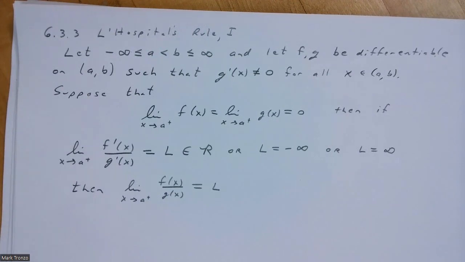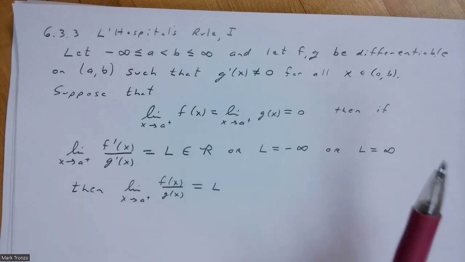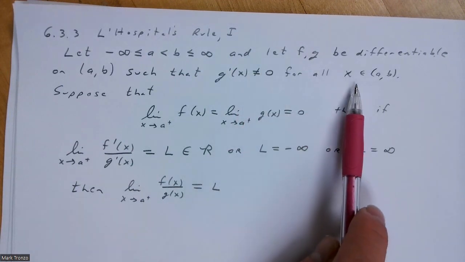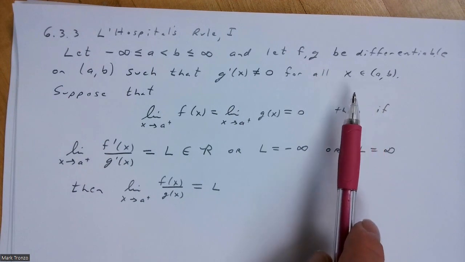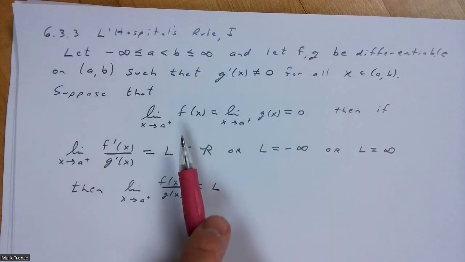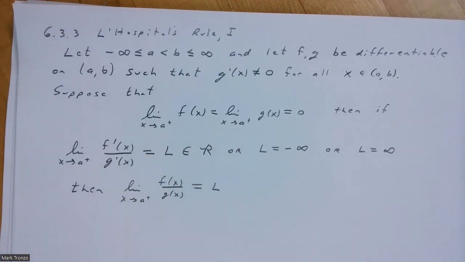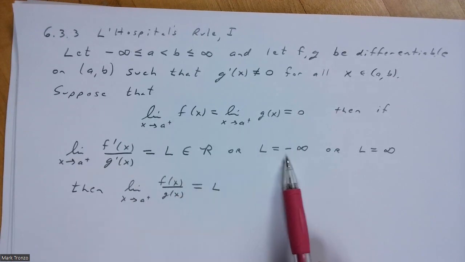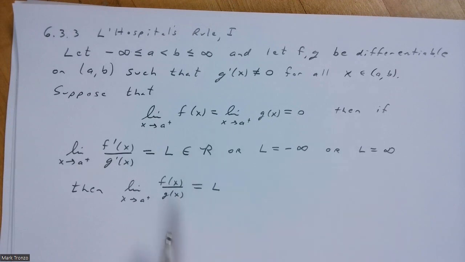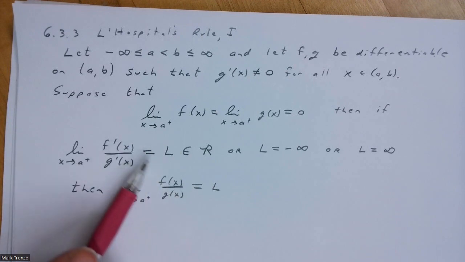So once again, what it says is if you have functions that are differentiable and the derivative of g is not 0 for all x in the interval (a, b), but the limits of f(x) and g(x) are both 0, then if the derivative of f(x) divided by the derivative of g(x) is equal to L, and that is a real number, or it's negative infinity or positive infinity, then the limit of this fraction is going to be the same as the limit of the derivatives.